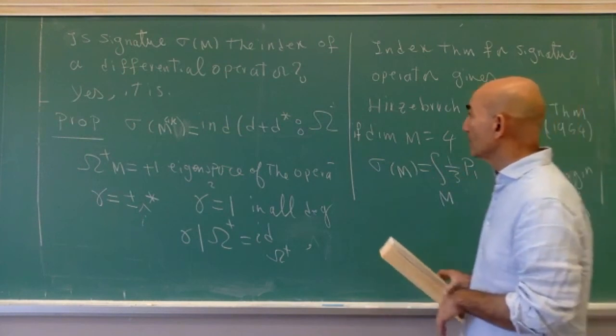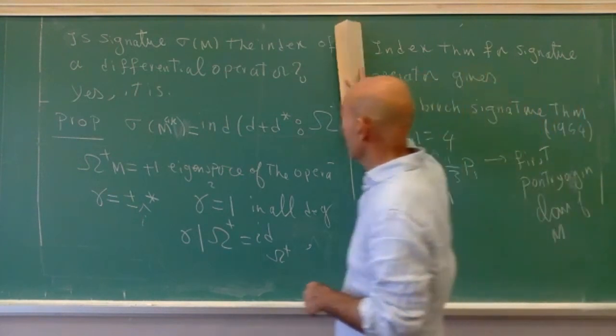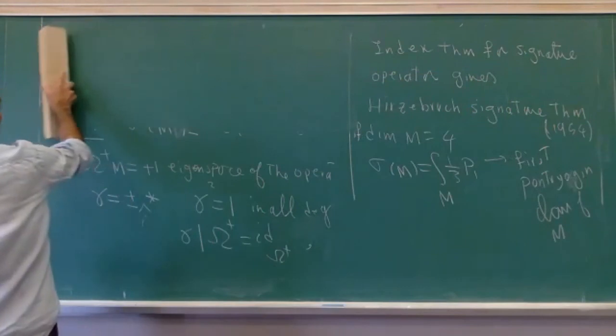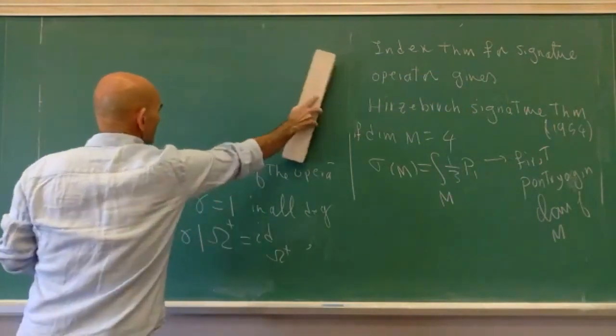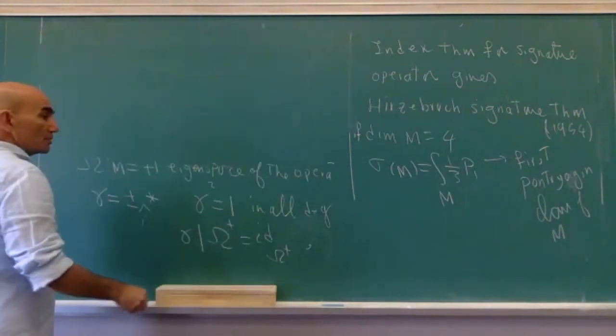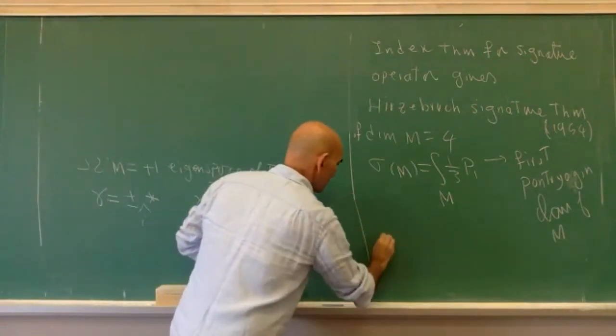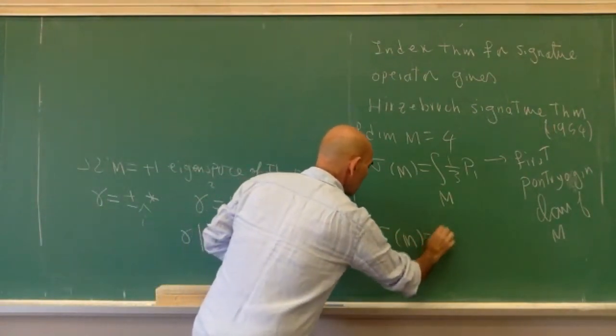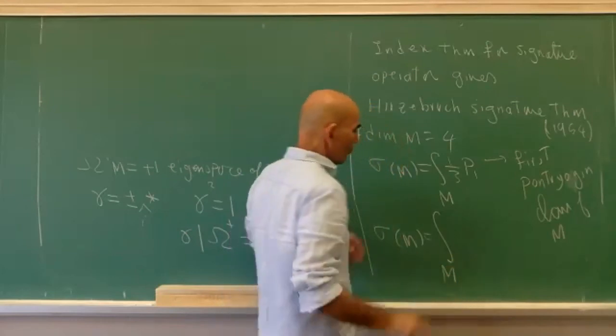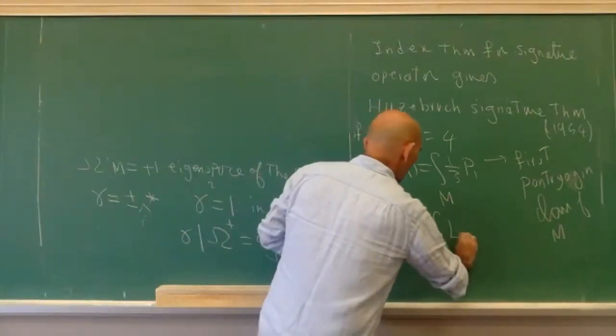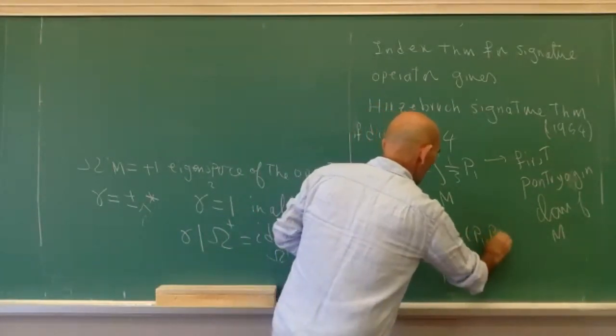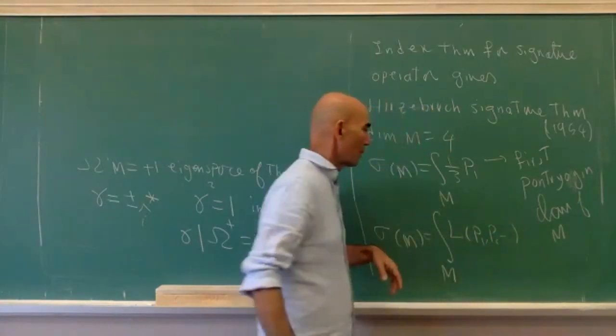And in general, Hirzebruch showed that there exists an expression: sigma n is equal to the integral over M, for 4k dimensions, of L of p1, p2, and so on.